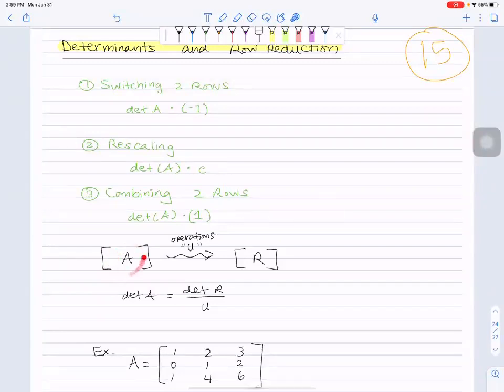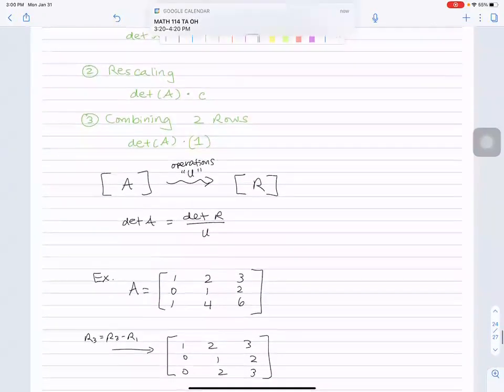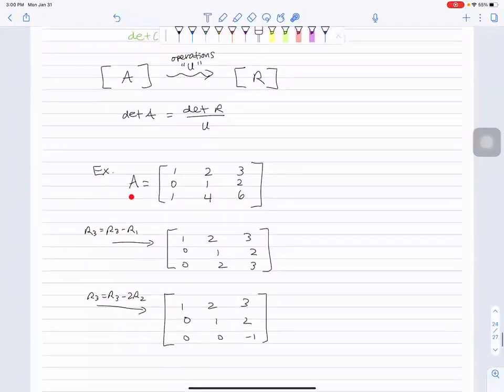So if you start with some matrix A and you go to your row reduced, much easier matrix to find the determinant, most likely it's going to be a diagonal matrix or upper triangular matrix. Then the determinant of A is going to be the determinant of this easier matrix, divided by all the operations that you just did in green. So for example, if we have A equals this matrix here, I'm going to row reduce.